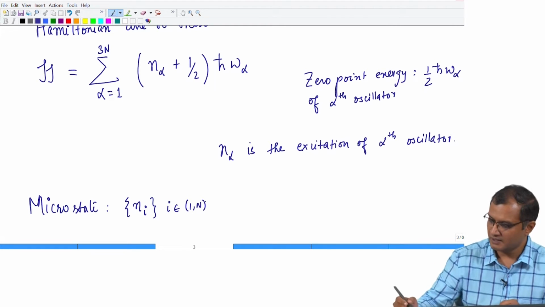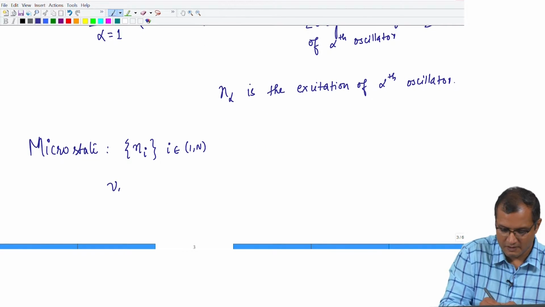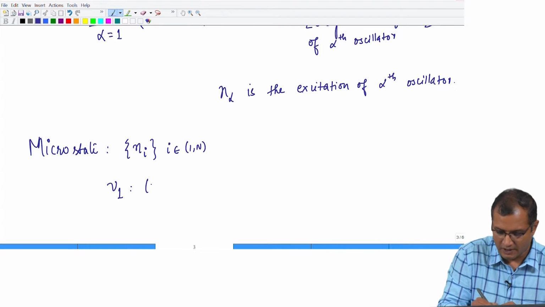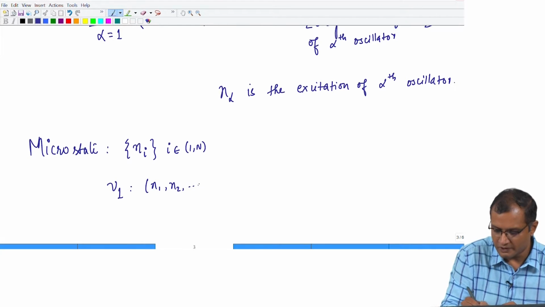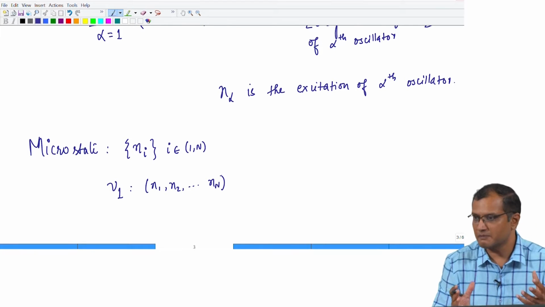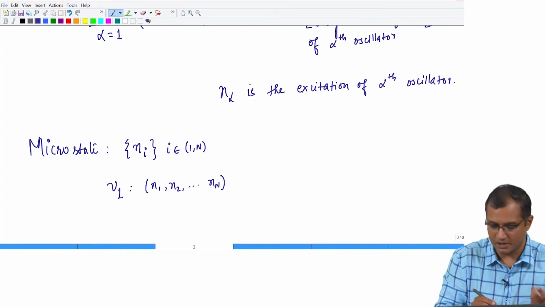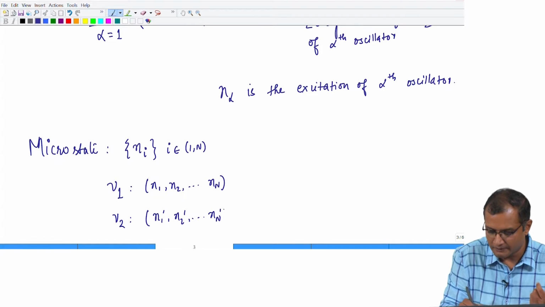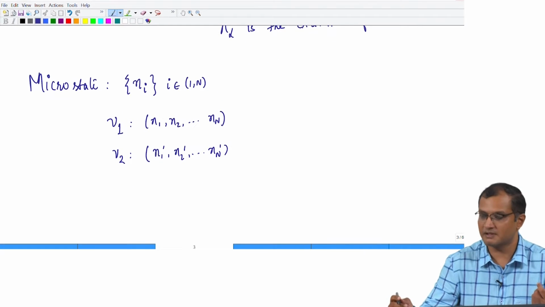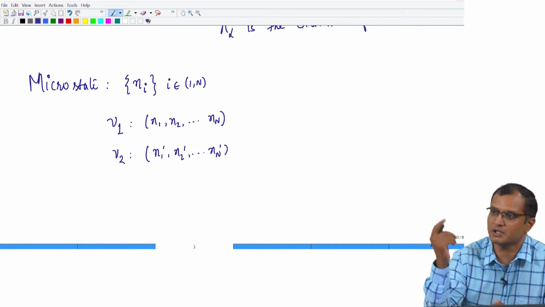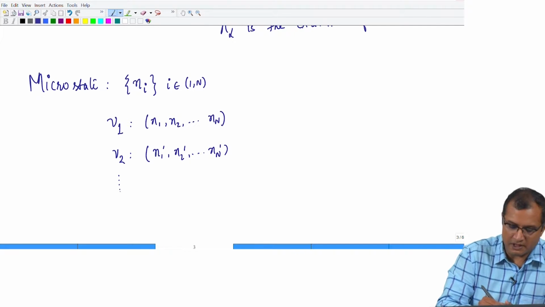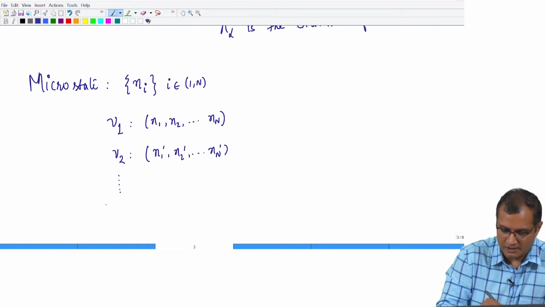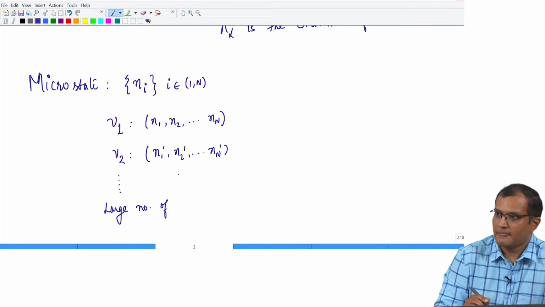If you specify one microstate as n1, n2 all the way to nn, some specified values, this is one microstate. You can take another microstate as n1 bar, n2 bar all the way to nn bar; this is another microstate. The set of excitations of each oscillator is one microstate for you. This way you can construct a large number of microstates for your system.